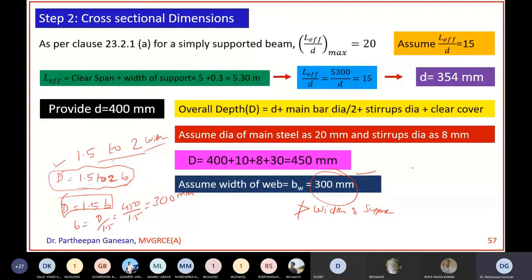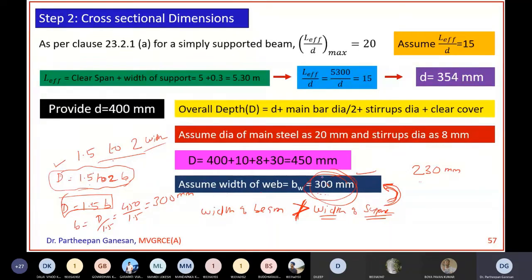Suppose if your brick wall width is only 230 mm, then you cannot have a width of the beam more than 230 mm. Please be clear. Width of beam cannot be greater than width of the support. It can be less or it can be equal, but it cannot be greater. That is the only thing you should keep in mind.